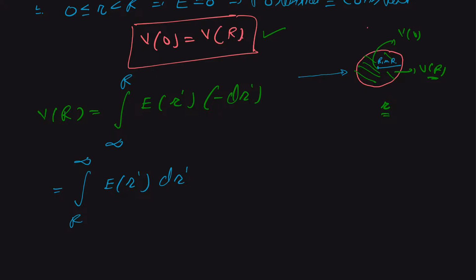Let me correct that: we have two shells, not spheres. This is our outer part, and the outer radius is given as r2, but in this particular case r2 is equal to twice r1, and that is equal to twice r.